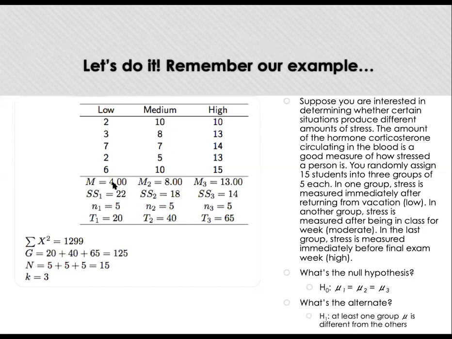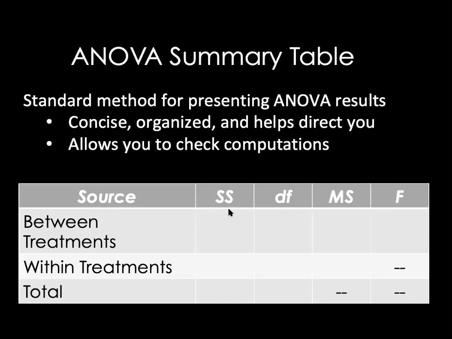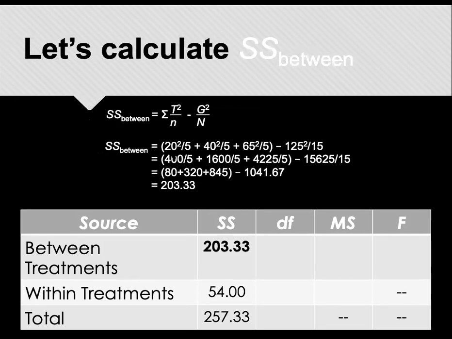Oops, excuse me. So here's T, T1 over n, T2 over n, T3 over n. So that's where T1 squared over little n1, T2 squared over little n2, T3 squared over n3, or the third treatment level, minus G, again G is 125, squared over big N, which is 15.